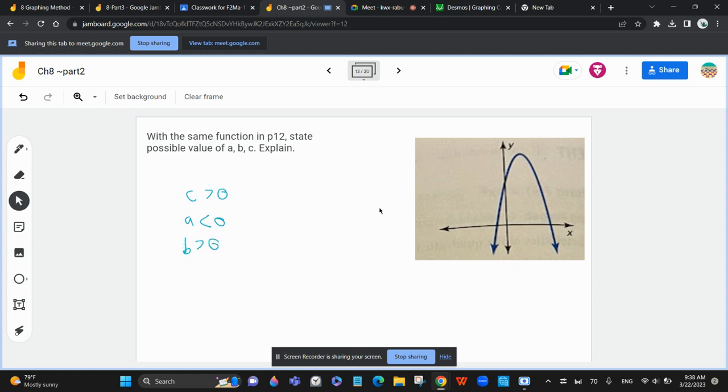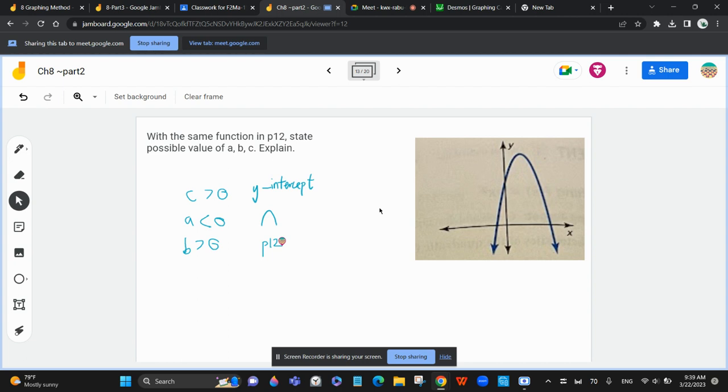So for B, B squared minus 4. The way to explain C is larger than 0 is just the y-intercept, and the A is because of the upside down, and the way to explain B is on page 12.